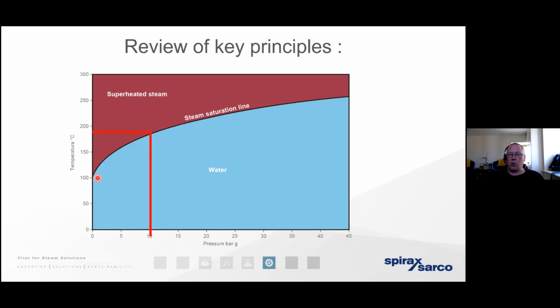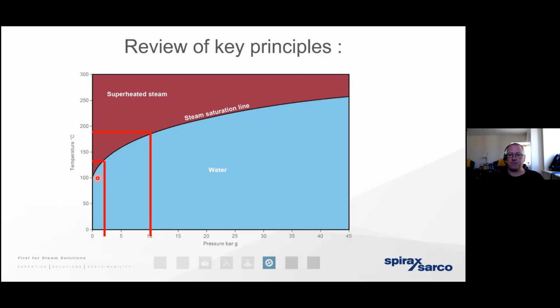But if we only require the steam to exist at, let's say, 132 degrees at the process, well, that pressure-temperature relationship demonstrates that we can achieve that temperature simply by manipulating the pressure, or reducing the pressure to 2 bar gauge.